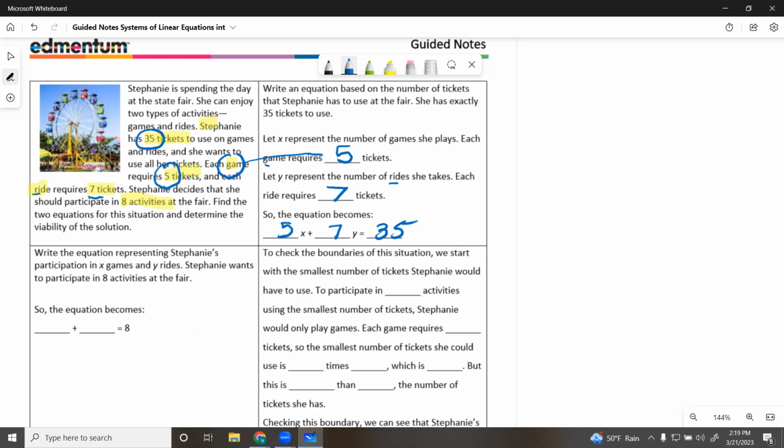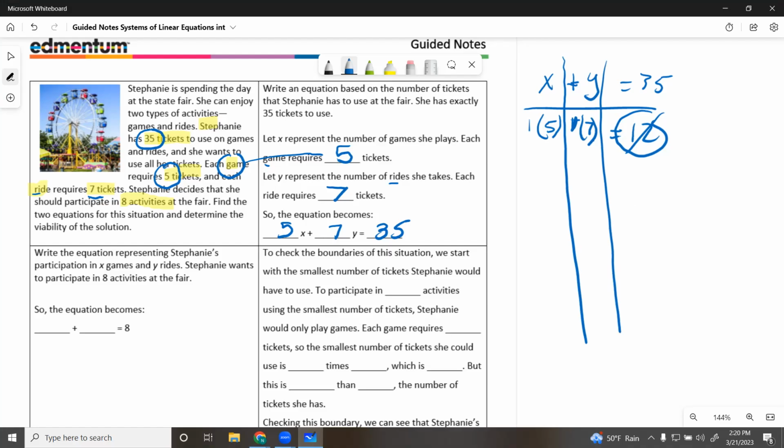I'm going to pause and make this little chart and kind of show you something. In earlier or other types of graphing type lessons and or problem solving, we might need to do a table like this where X is still the number of games and Y is the number of tickets, but we know that the number of tickets spent on games plus the number of tickets spent on rides equals 35. Sorry, I misspoke.